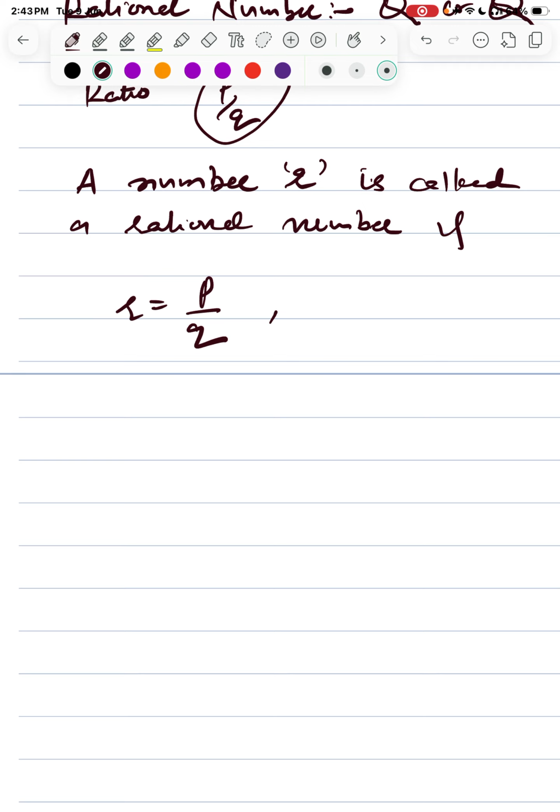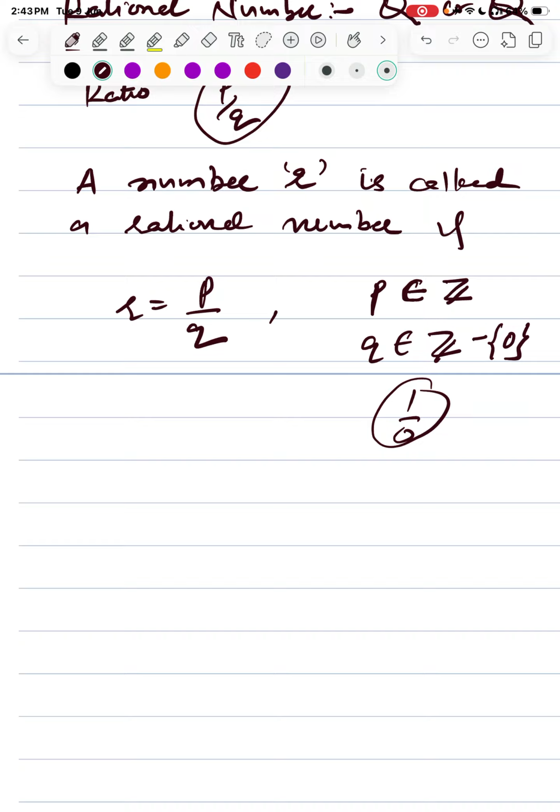And what are p and q? p belongs to the integers, and q again belongs to the integers but except 0. It can't be 0, you know that 1 upon 0 is not defined. That's why I'm removing 0 for q, because you are taking a general number.